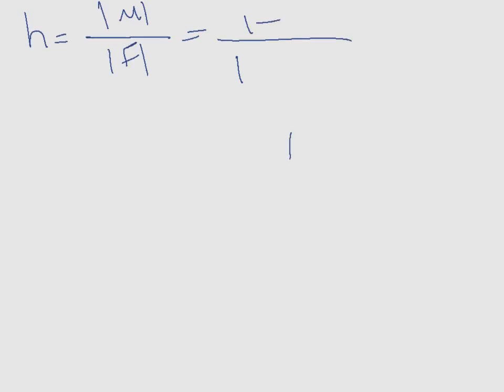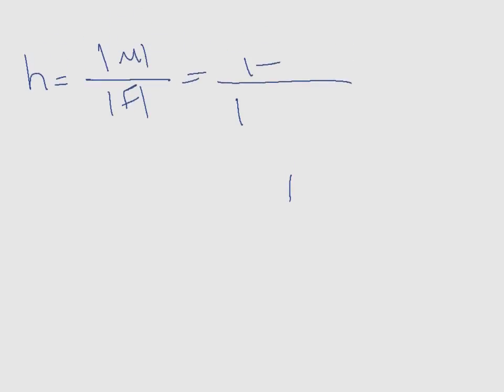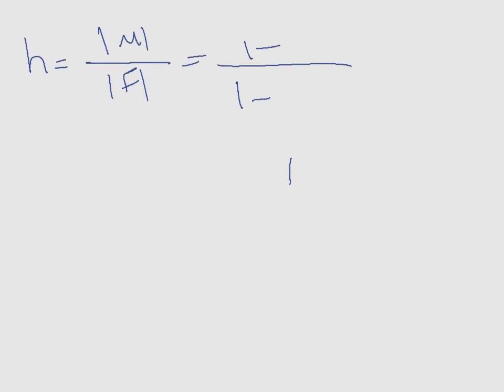Let me go to a very important concept. We will calculate the offset. Offset equals the absolute value of the moment over the absolute value of the force. If you put a minus or you don't put the minus, it will not change anything.